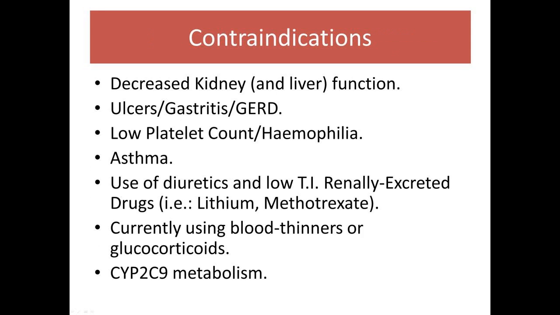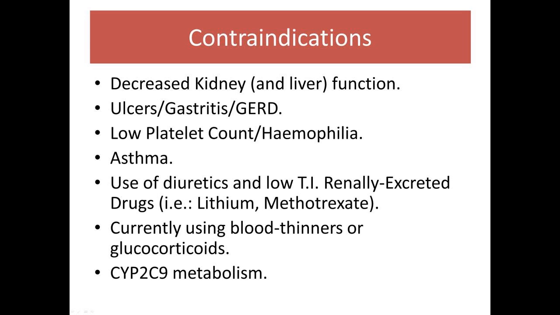NSAIDs are not to be used in a variety of conditions where its drug profile would complicate issues. Due to its impact on kidney blood flow and reliance on liver metabolism, patients with diseases that impact these organs' functions may require a dosage adjustment. Others who suffer from poor blood clotting may be further affected by NSAIDs too due to the prostaglandin inhibition.